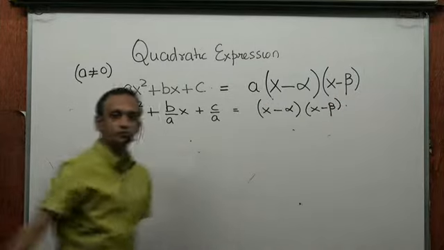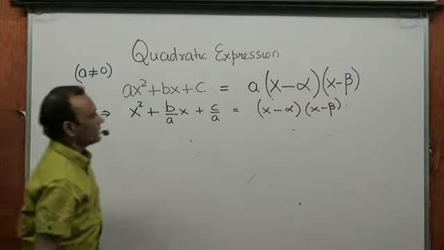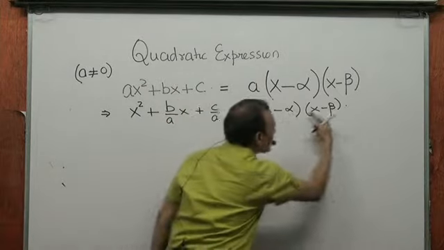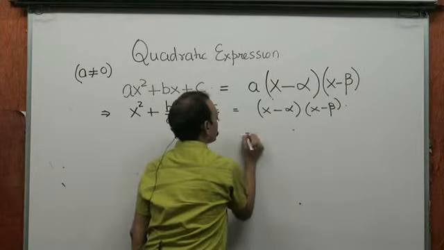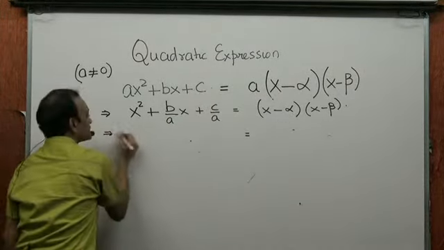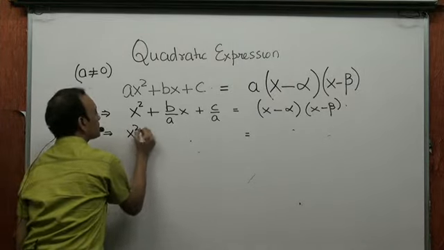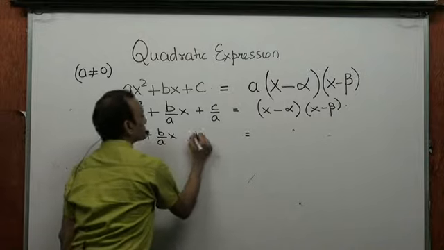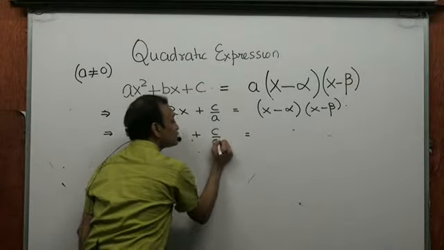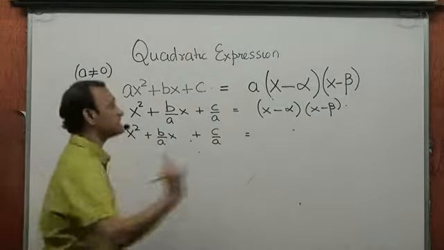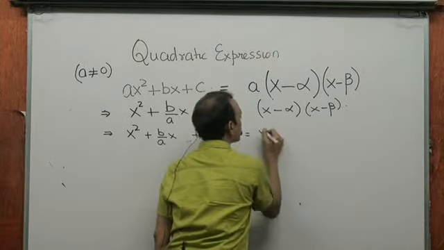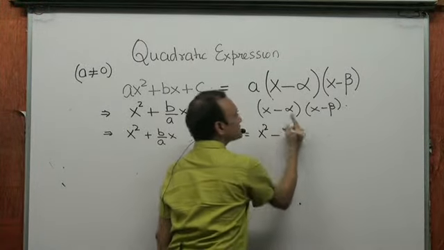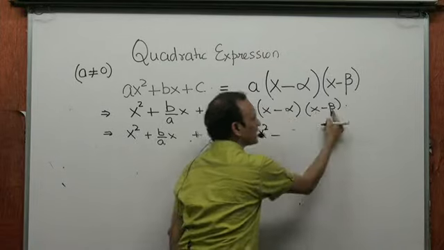Yes or no? Right? Now, when I multiply this out, the left hand side remains the same, x square plus b by a into x plus c by a. And this formation is not an equation, it's an identity, mind you, is x square minus alpha x minus beta x, isn't it?